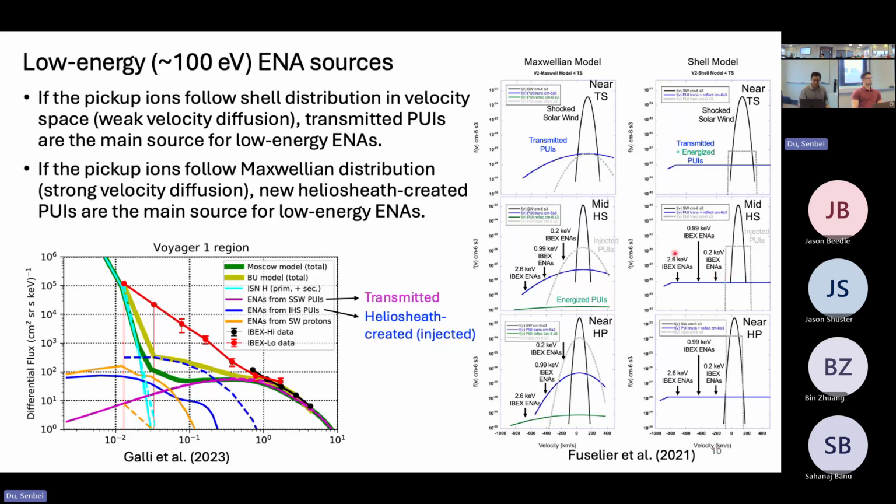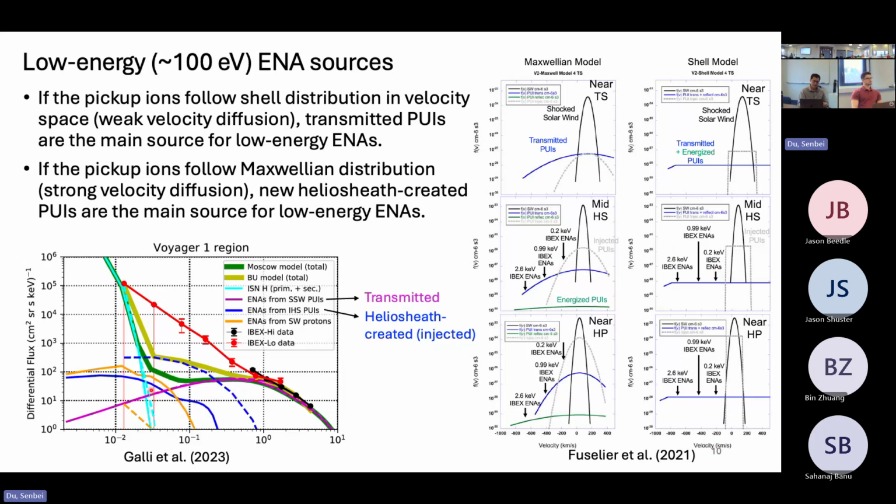But if we assume the pickup ions may follow a Maxwellian-like distribution, then the injected pickup ions can be the more important component. This is also shown in some of the more quantitative models. There are a lot of lines here, but if you just look at the blue lines, they are for the injected pickup ion contribution to the ENA fluxes.